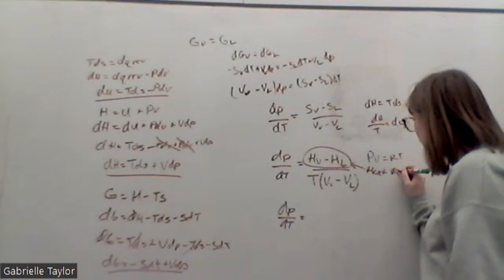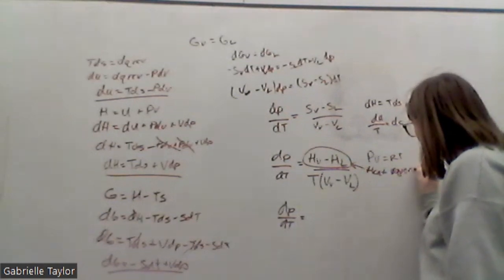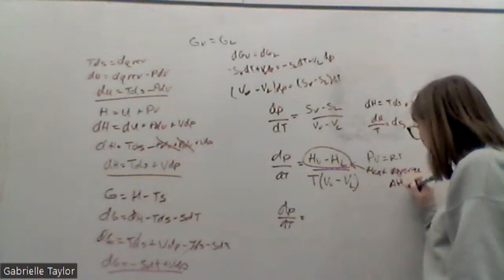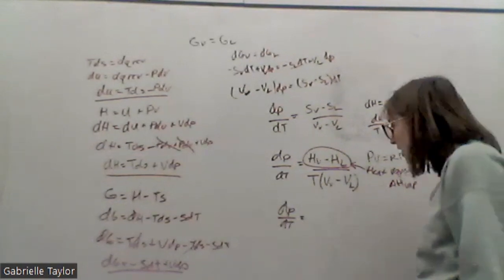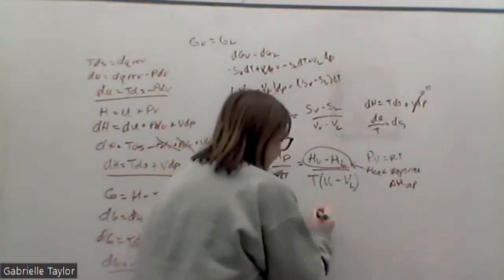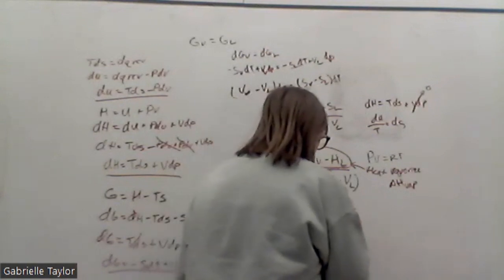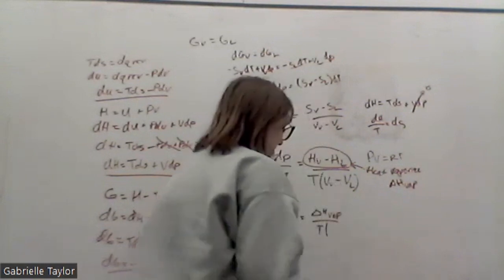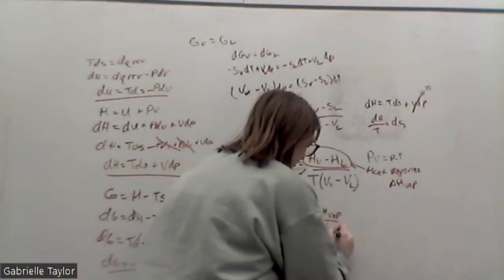This is going to be our heat of vaporization, and that is delta H vap. So you can write delta H vap over temperature times just the volume of the container.